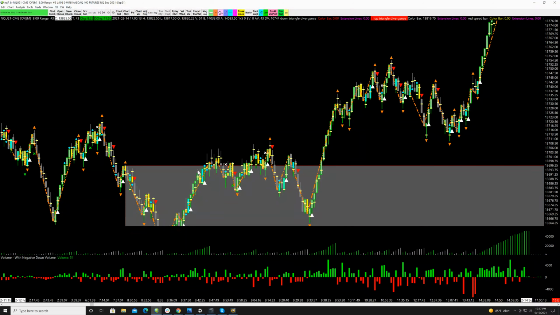Right there. Because you put that right there, this bar becomes the first close above. This becomes the second close above, and you can see that they lifted massively.